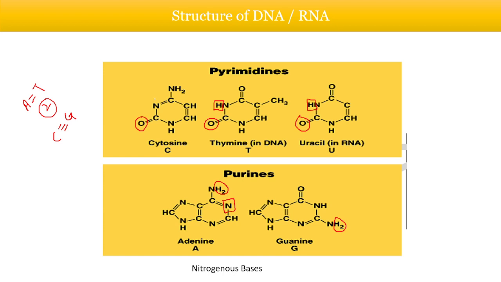The next one is this nitrogen, which I'm giving a square, which forms a hydrogen bond with this hydrogen, and the last one is this oxygen which will form a hydrogen bond with one of this hydrogen.